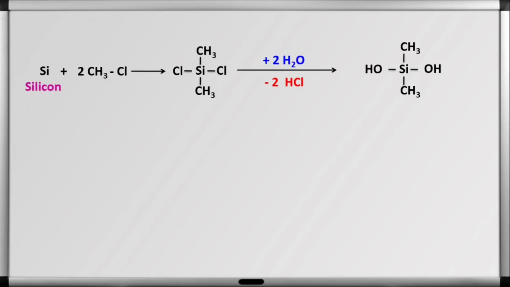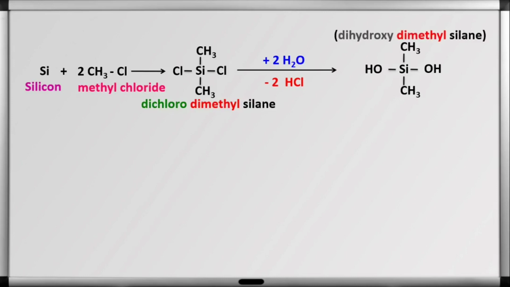Now first of all see the names. This is silicon, this is methyl chloride, dichlorodimethylsilane, and this is the dihydroxydimethylsilane. याला आपण dihydroxydimethylsilane असं म्हणतो. So in the first step we get the dihydroxydimethylsilane, and this is also the IUPAC name or the famous name, that is dimethylsilanediol.